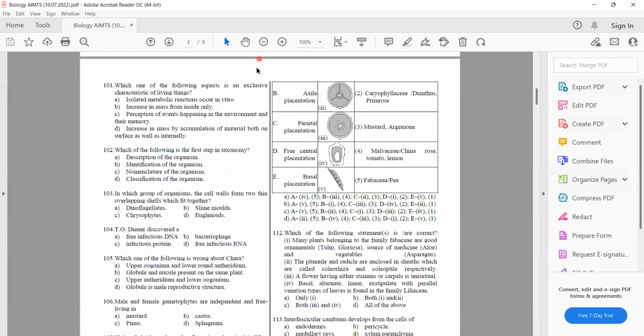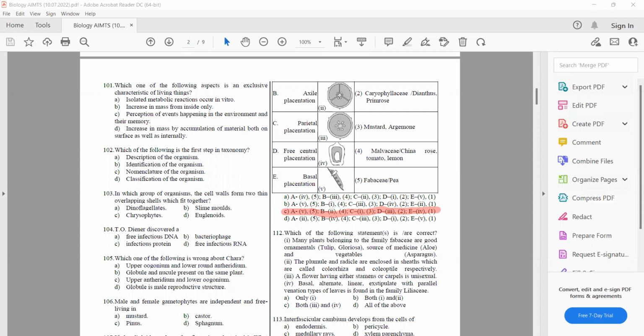So here we go, we got the answer. So marginal placentation, pea plant will be the example, and for axile placentation, tomato and lemon will fall into that.